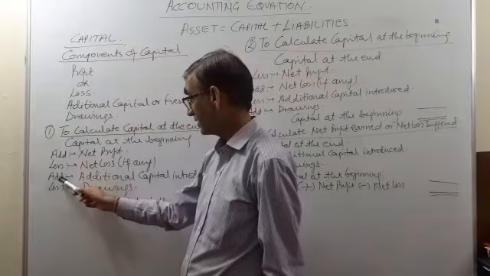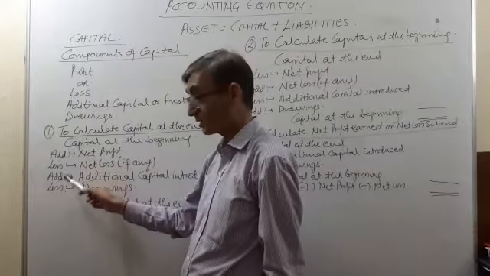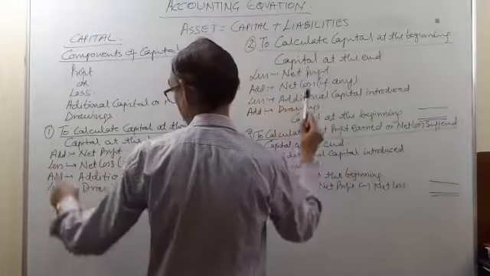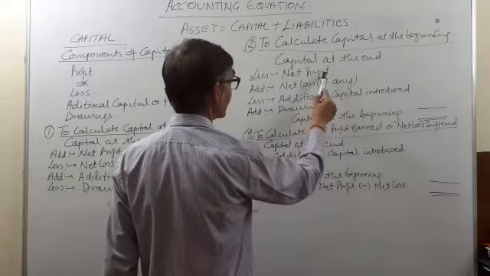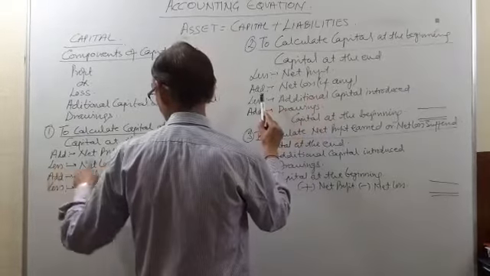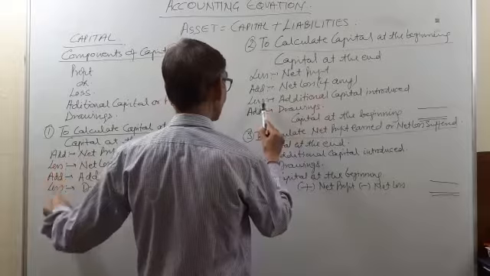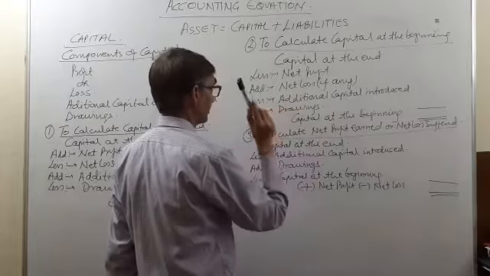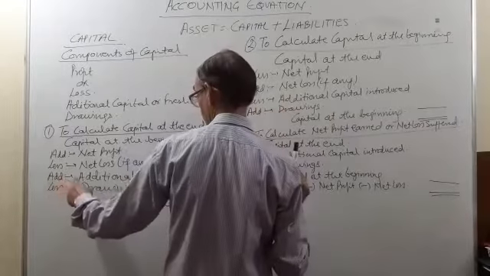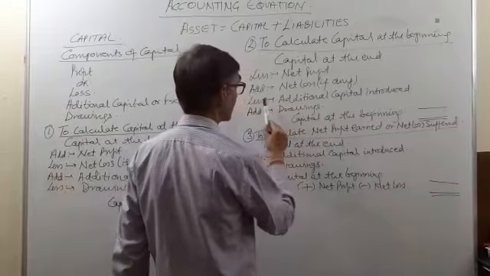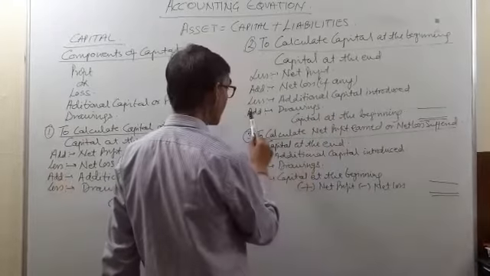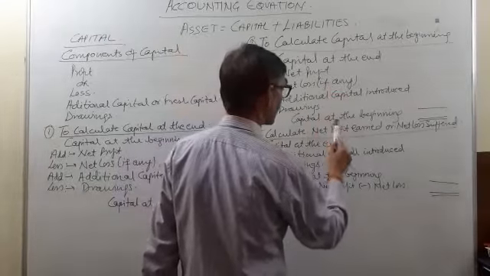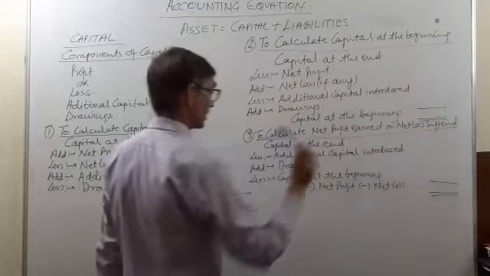Whatever things have been added will be subtracted, and whatever things have been subtracted will be added. So here, less net profit: it was added before, so here it will be deducted. Net loss was deducted before; to calculate the capital at the beginning, net loss will be added. Additional capital was added before, here it will be deducted, and the drawings will be added. Whatever is the end result, that is your capital at the beginning.